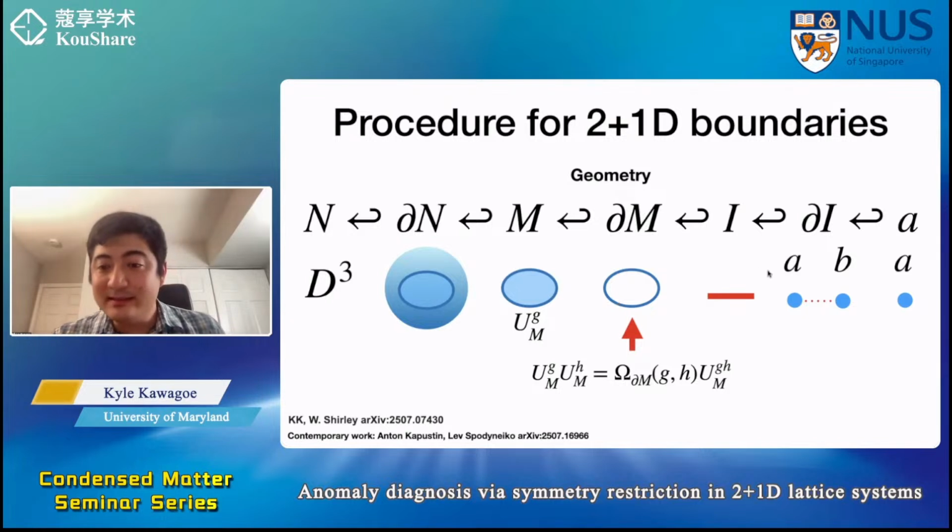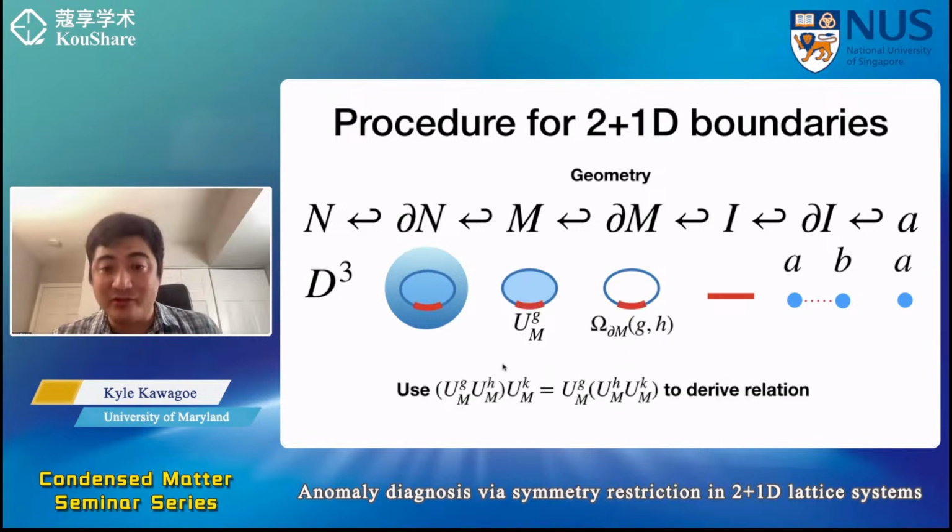Now this operator obeys some constraint via associativity. So we're going to use associativity of these restricted symmetry operators to derive this relationship one dimension down.